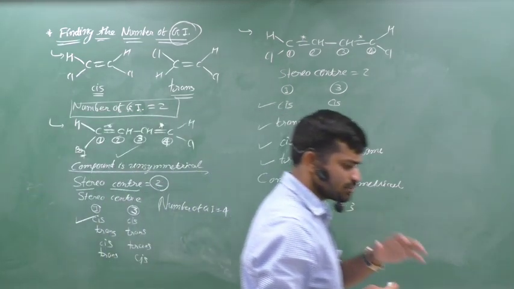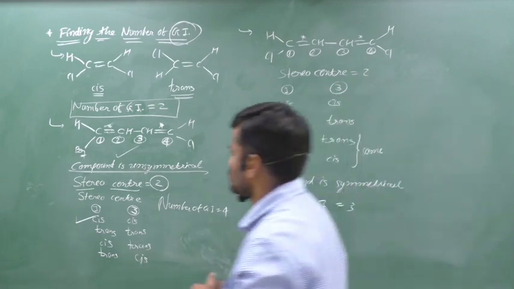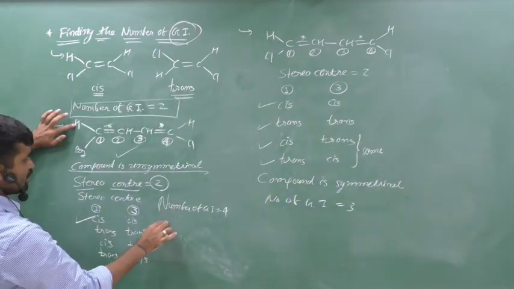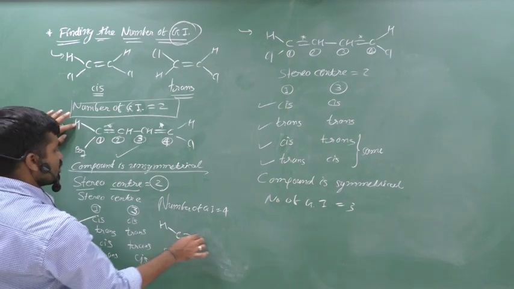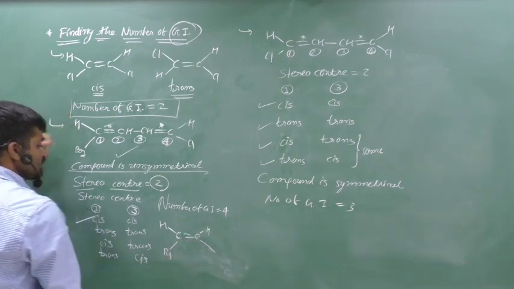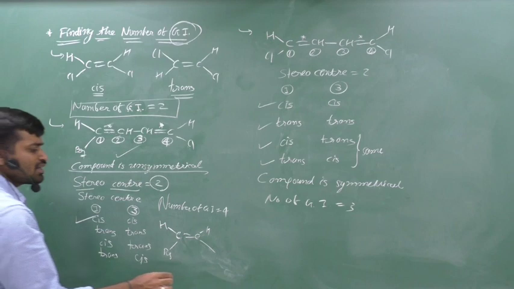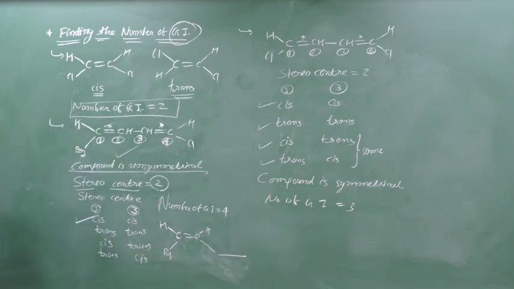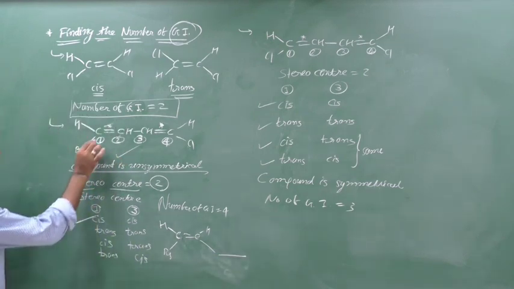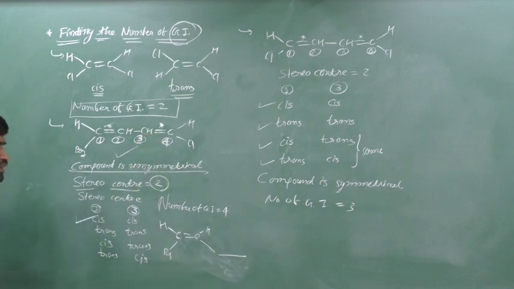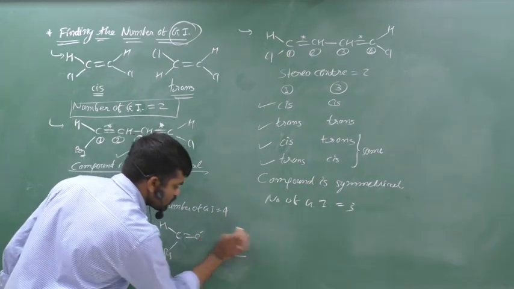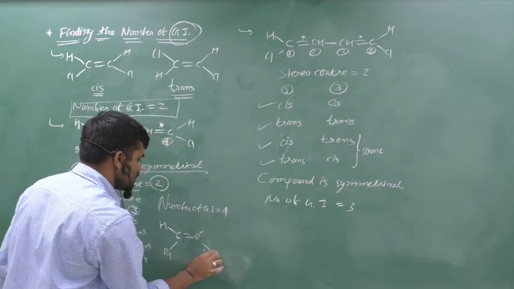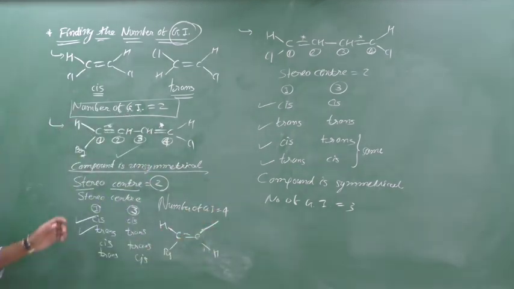We cannot draw it here, but the first is cis, meaning HCBr double bond C, H, and the remaining part is this, and the third is also in cis form. So the first possibility is first cis, second cis. The second possibility is first trans and second also trans. It means trans because hydrogen is on a different side. The remaining part is this, and the second part is also trans. Therefore the second structure possible is this.